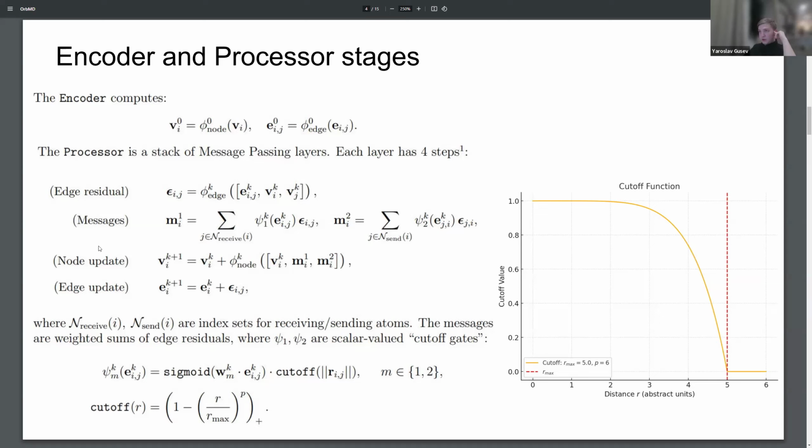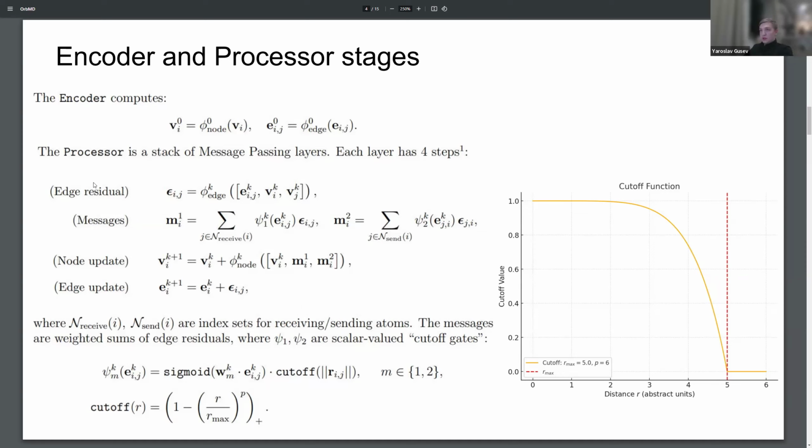After that, they use another multi-layer perceptron to process those messages, as well as the encoded embedding of each particle, in order to obtain some evolution, some future value of this embedding vector after those messages are processed.